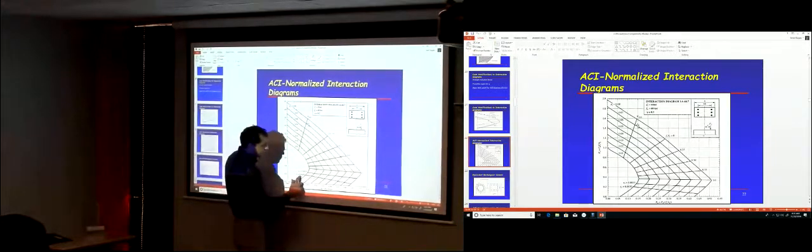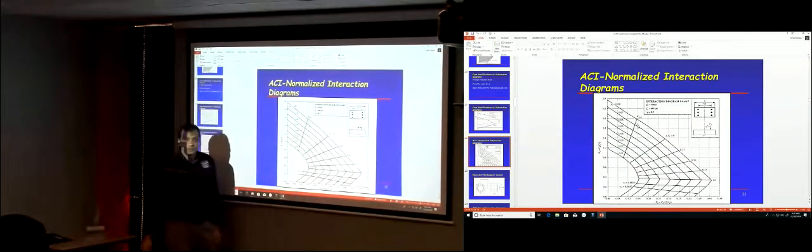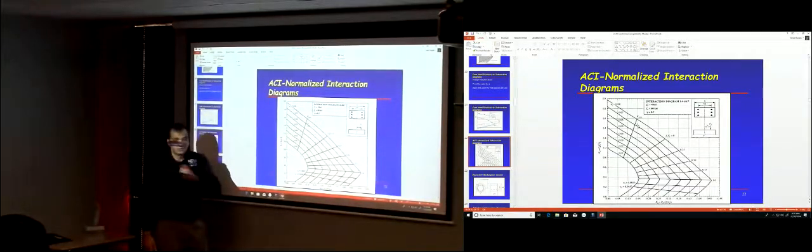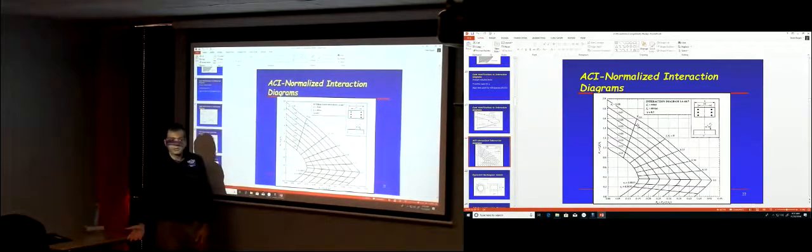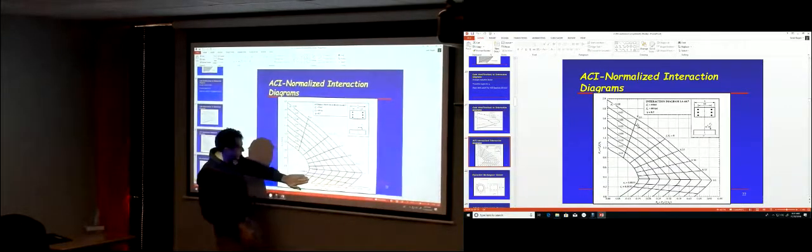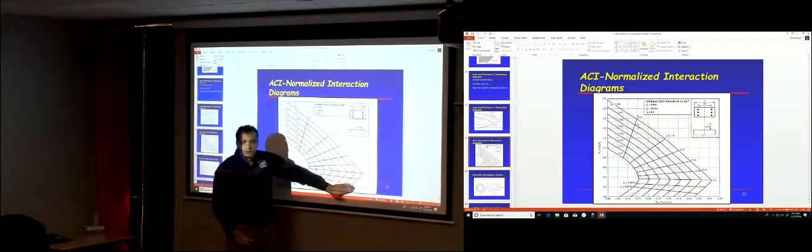For this line, it's 0.005. Why do we care about this value, 0.005? Because if the strain is 0.005 or larger, phi is 0.9. So any point on the curves below that line, phi is 0.9.